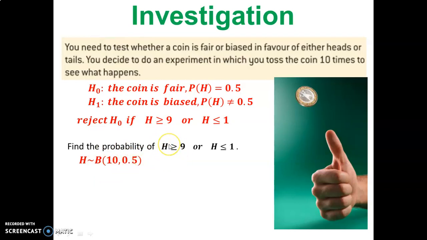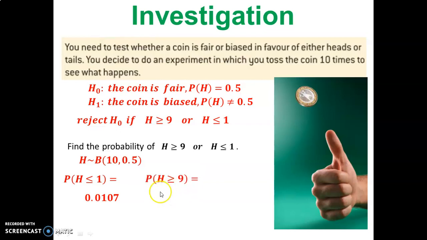So running your binomial on your calculator, run one for h is less than or equal to 1. And what do you get as that probability? Well, hopefully you ran a binomial CDF, because we're looking for 1 or less, which means 1 or 0. And it gives us this percent, very small, 0.0107%. Very small chance, 1% chance that would happen.